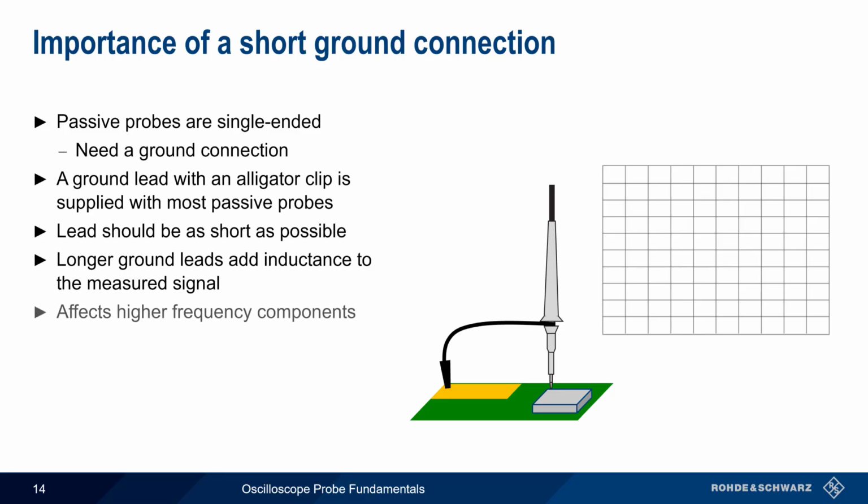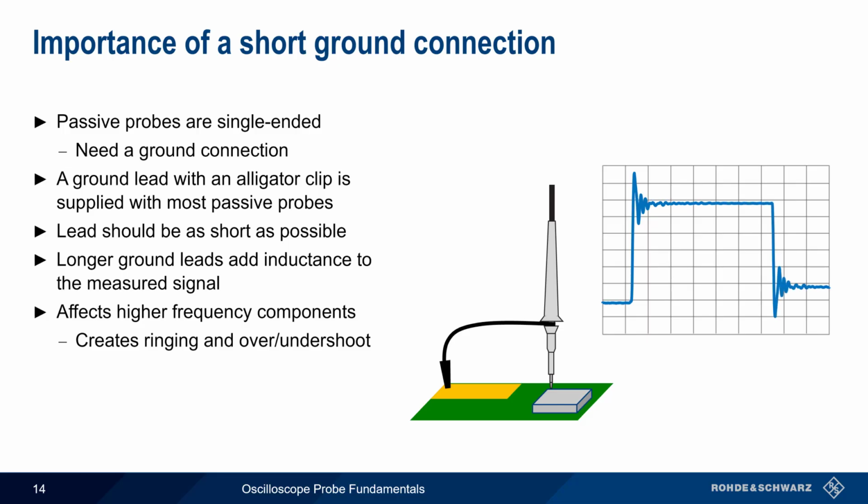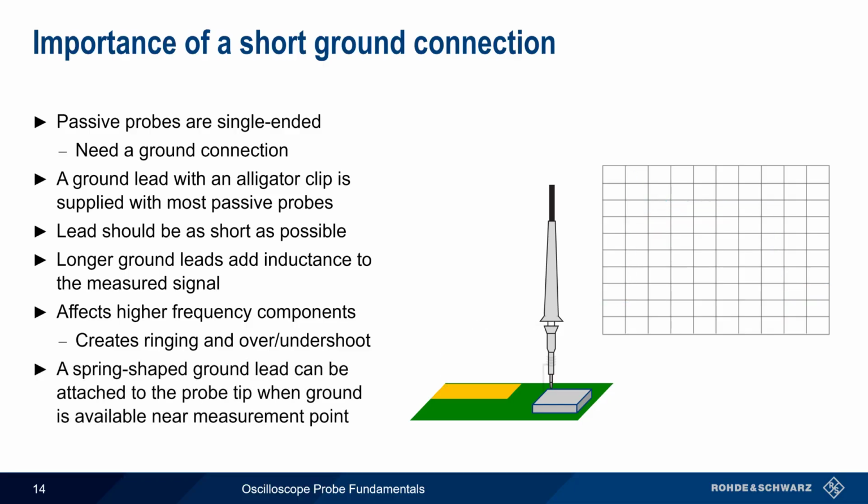This added inductance affects higher frequency components and can create ringing and over- or undershoot in square wave or pulsed signals. Note that when a ground point is available near the measurement point, a slip-on spring-style ground lead can sometimes be used to minimize the length of the ground connection.